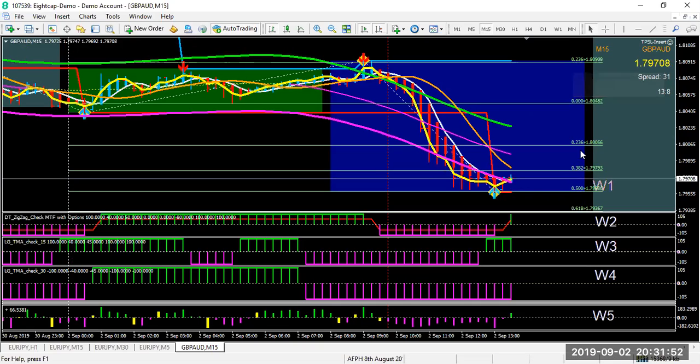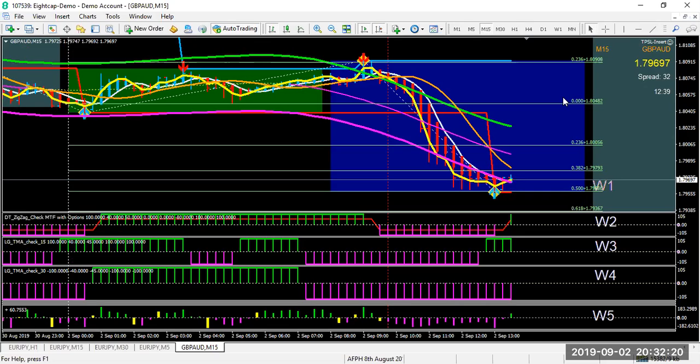So these additional levels that get placed on it by the template are there to assist in showing you a destination of attraction, where the price would like to go if it still has more momentum.